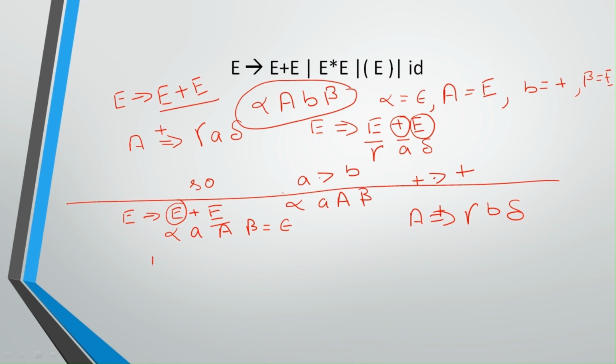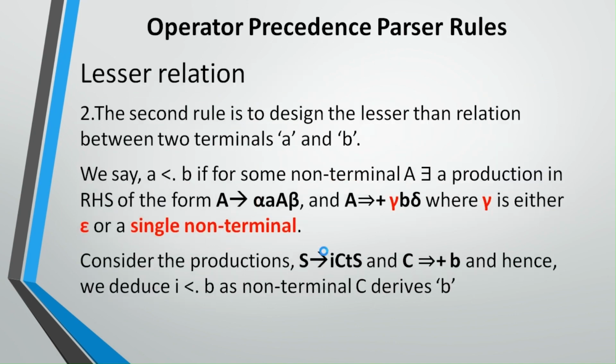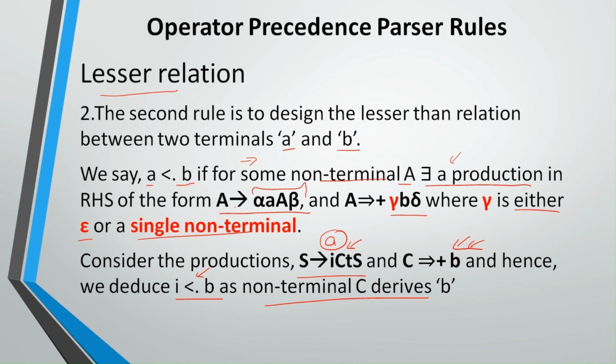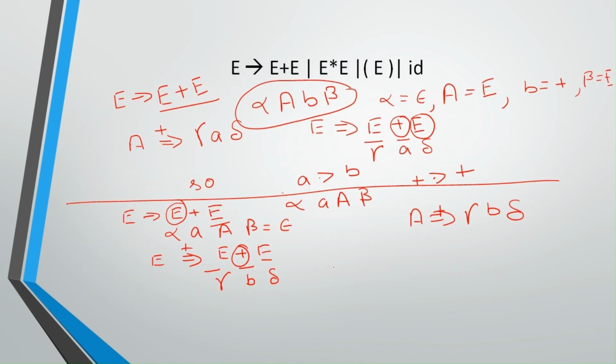So here E derives in one or more steps E plus E, where gamma is E, B is plus, and delta is E. If you remember the lesser relation, A derives alpha A beta, and A derives in one or more steps gamma B delta, so ultimately A will yield precedence to B. In the same way, here plus will yield precedence to plus, or plus has lesser precedence than plus.